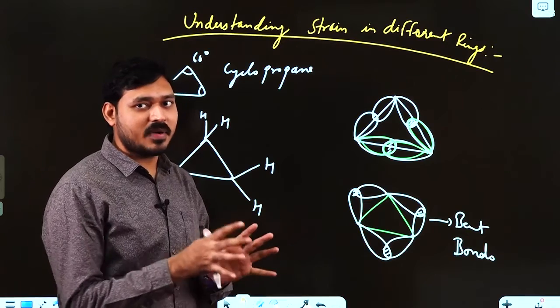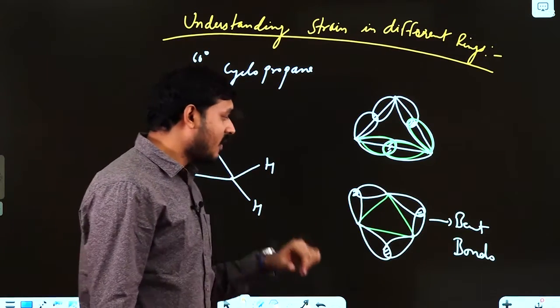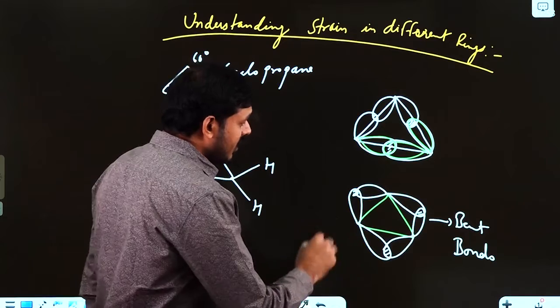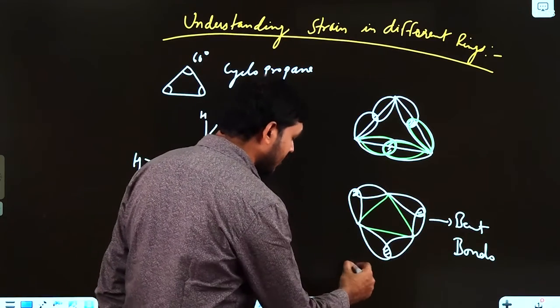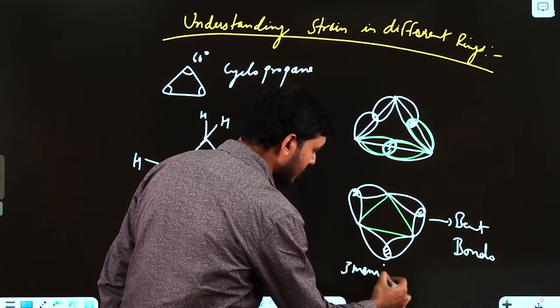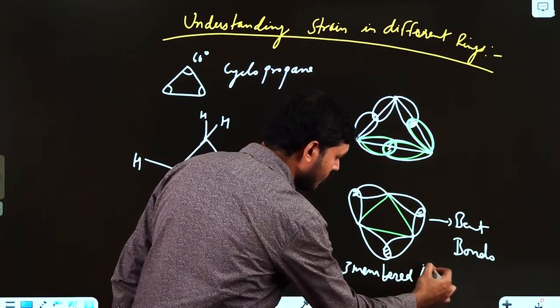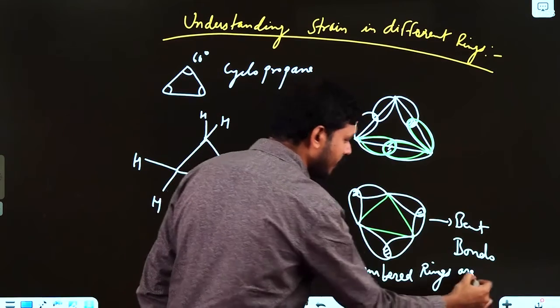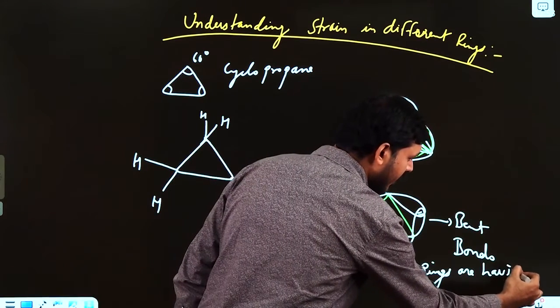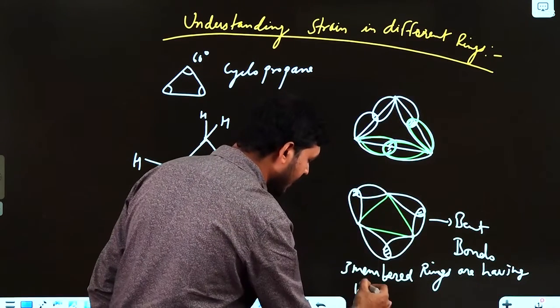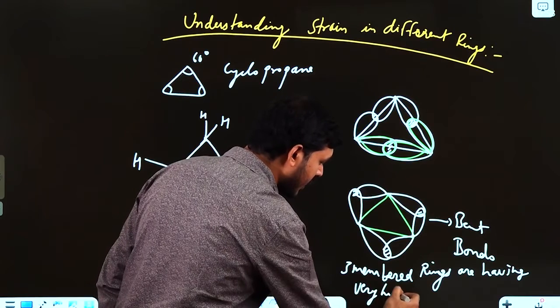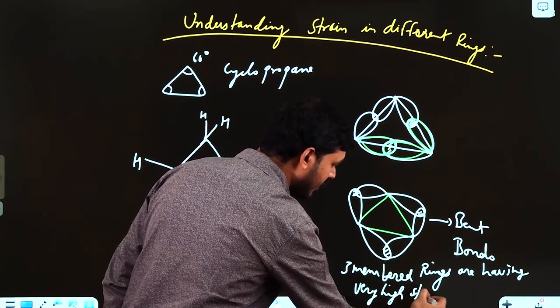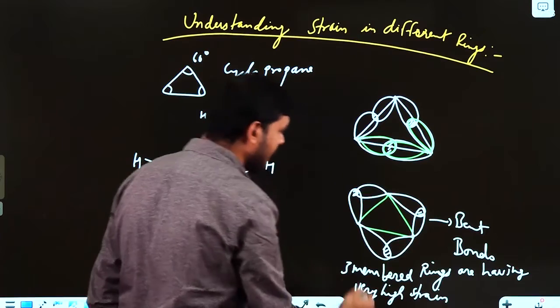If it has bent bonds, then this bond is not a perfect overlapping. If it does not have perfect overlapping, then it is relatively weak, and hence 3-membered rings have very high strain, as you can see.